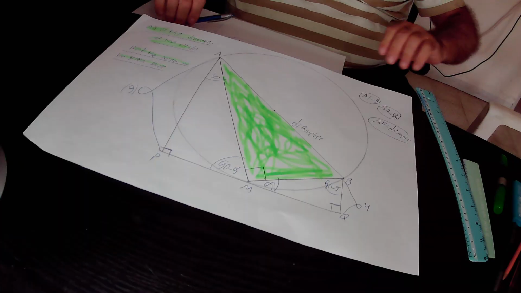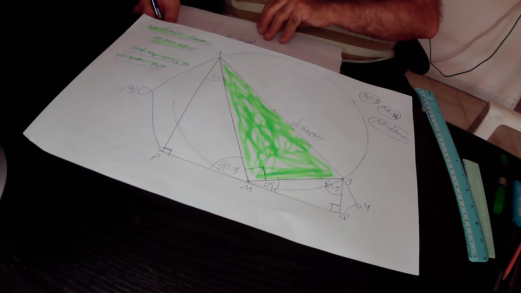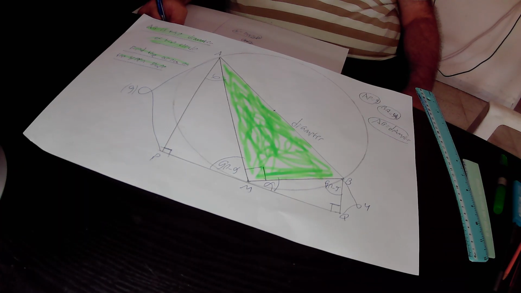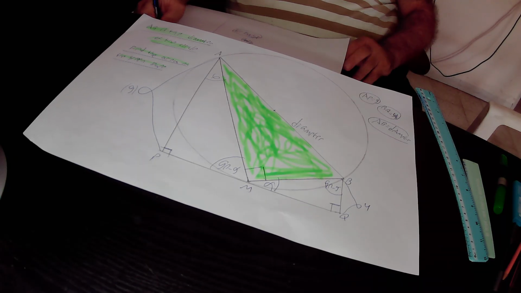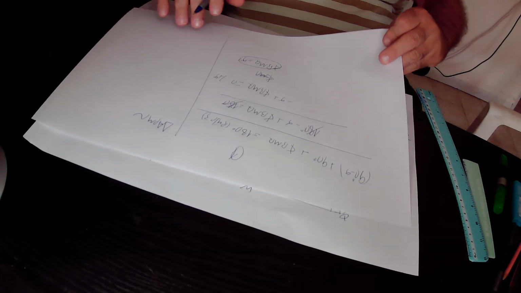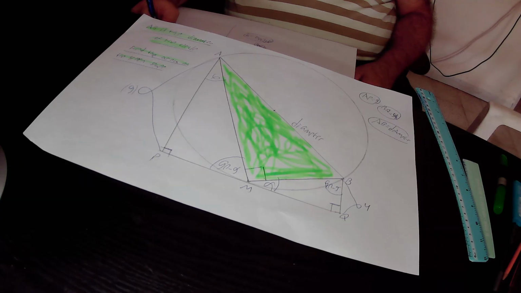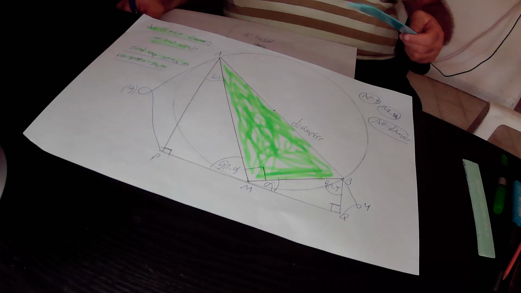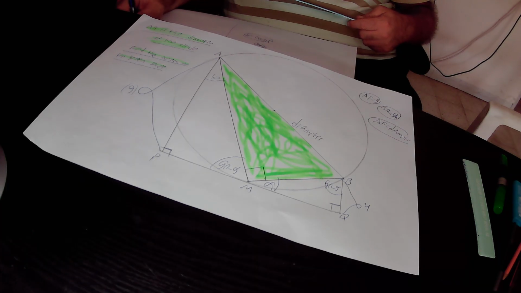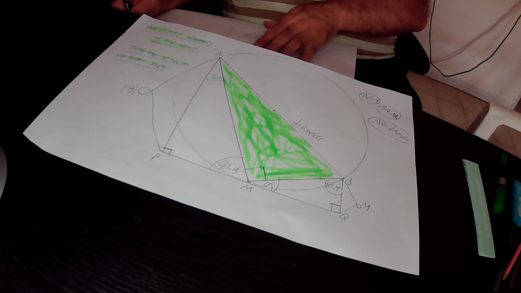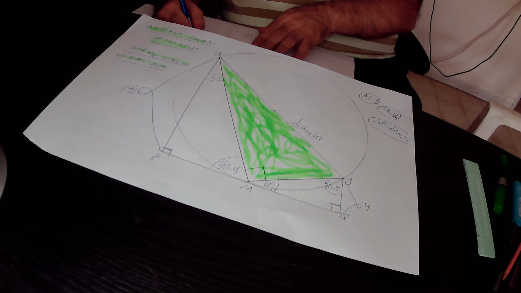So we found out that the big right triangle APM is similar to this small right triangle BMQ according to the angle similarity rule.